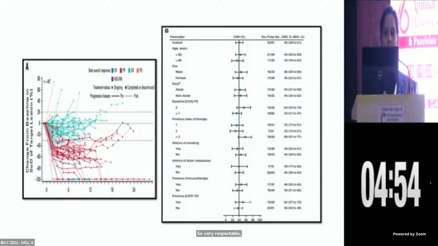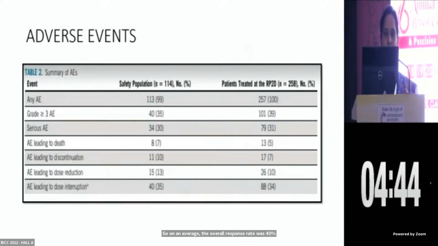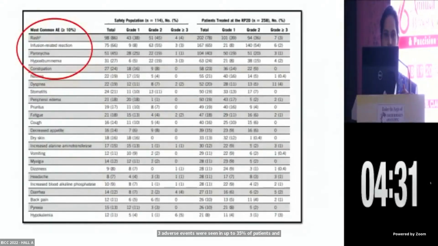This is how we knew that it is going to affect all subgroups of patients. On average, the overall response rate was 40% or more across all cohorts. It is a difficult drug to administer and manage. Grade 3 adverse events were seen in up to 35% of patients, and 30% did have serious adverse events. It has both the toxicities of an EGFR agent as well as MET pathway inhibition.